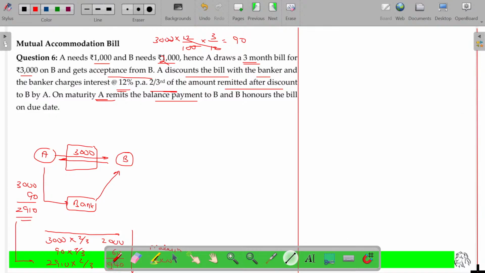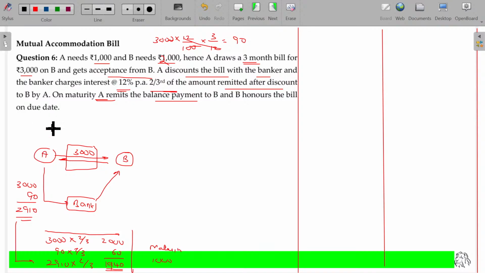Pass the journal entries one after one. Mutual accommodation. The very first one is about drawing the bill in the books of A as well as in the books of B. Bills receivable account debit to B account, the value being 3000.